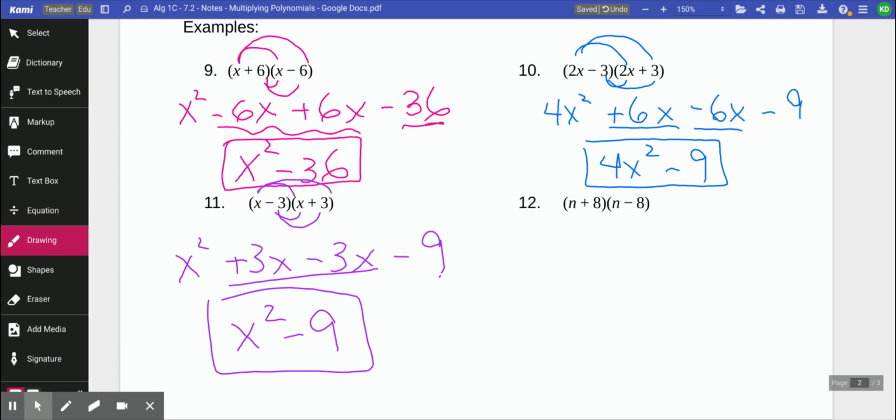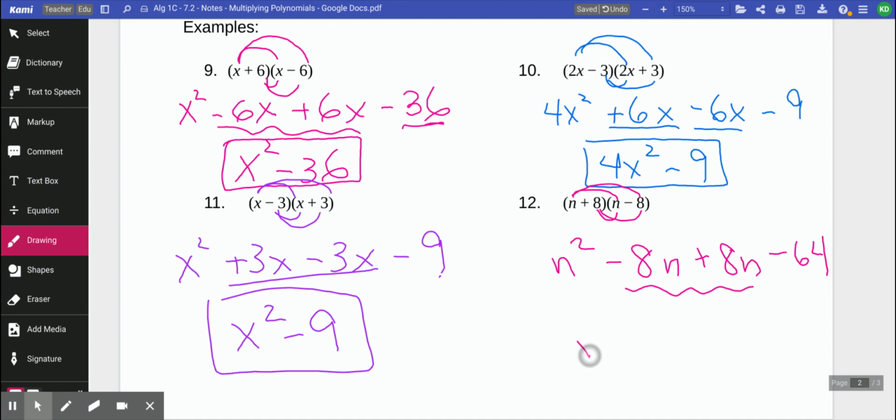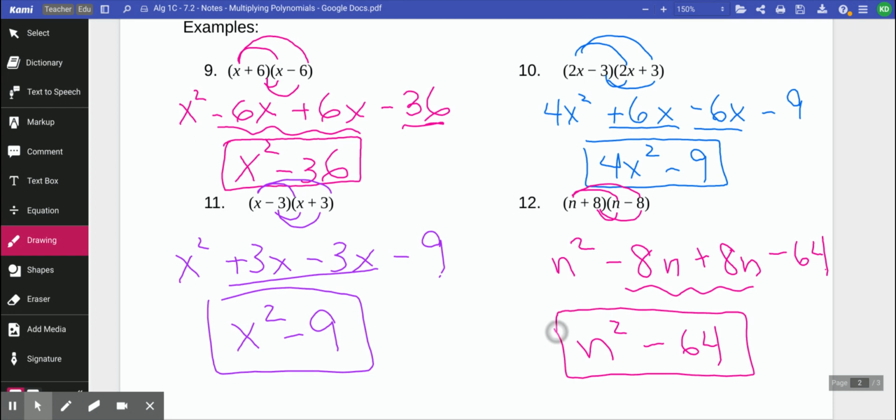Okay, and again, n times n is n squared. 8 times n is 8n. And 8 times negative 8 is negative 64. Middle terms are going to cancel out, so we get n squared minus 64. Difference of two squares: n squared and 64. Difference means subtracting.